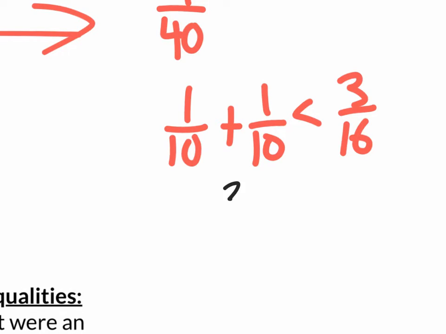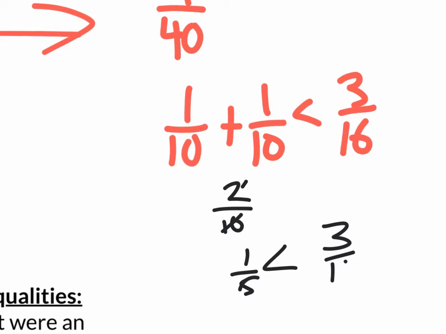Okay, so let's actually do the math here to find out if it's true or false. 1/10 plus 1/10 is 2/10, which reduces down to 1/5. And we have less than 3/16. If you want, you could get a calculator and simply divide 3 by 16 to find out that decimal value.